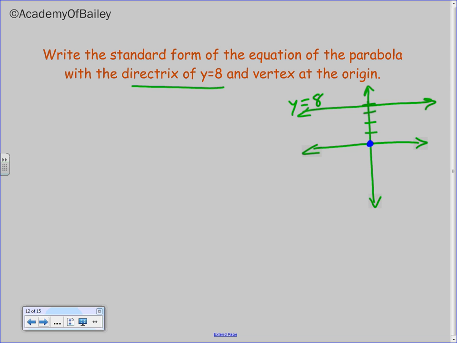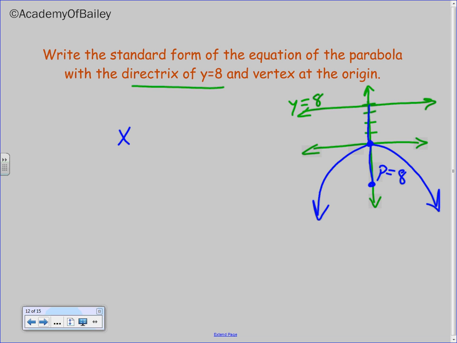Remember, the directrix never lies inside the parabola, so the parabola must open down. The distance between the directrix and the vertex is the same as the distance between the focus and the vertex, so p is equal to 8.